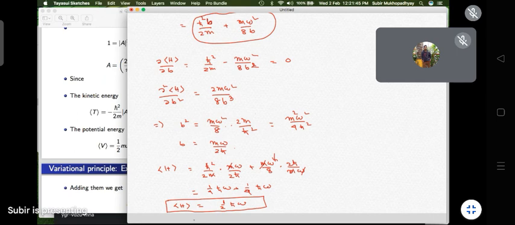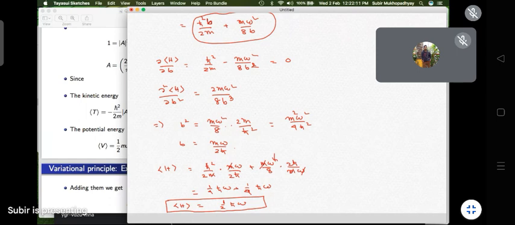Doesn't matter. The only thing is that these wave functions have to have the standard features of a wave function such that it should not blow up. It should be a normalizable function. Any normalizable function you choose, I cannot ensure that it will give the exact value, but it will give a value very close to the exact value.